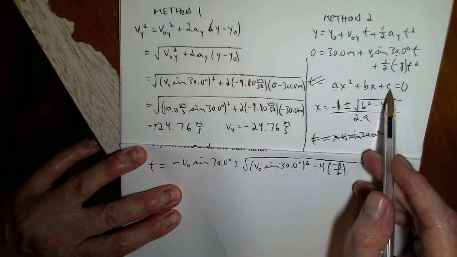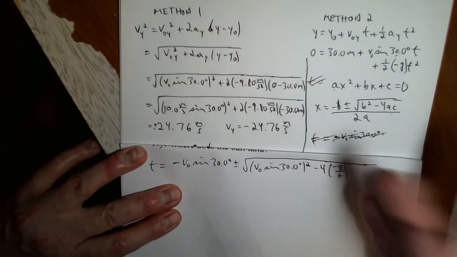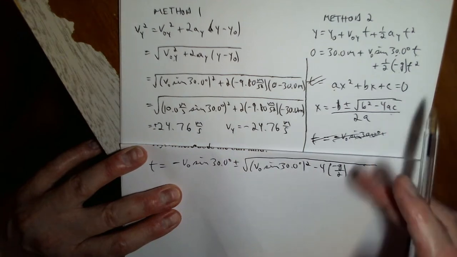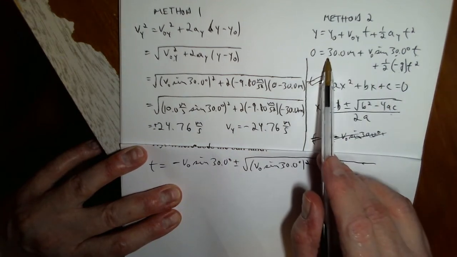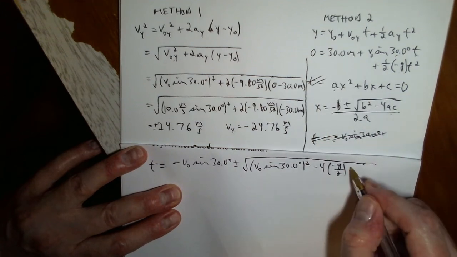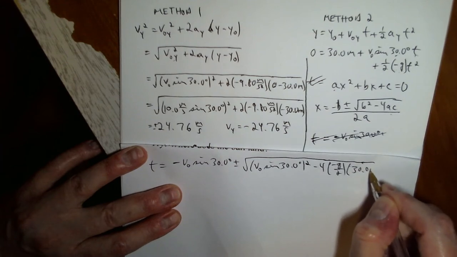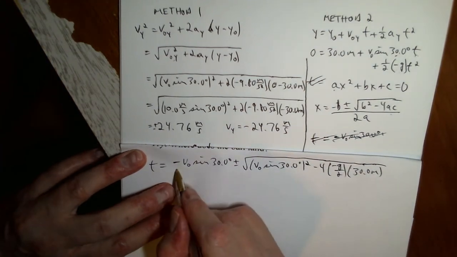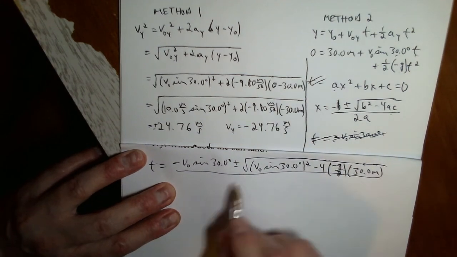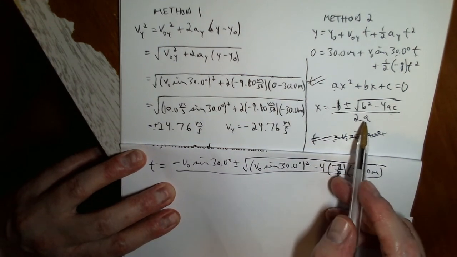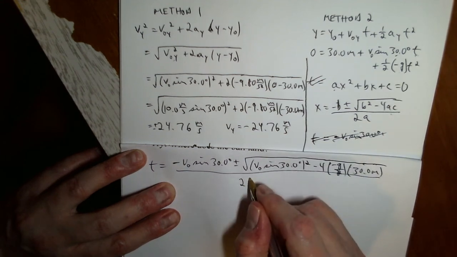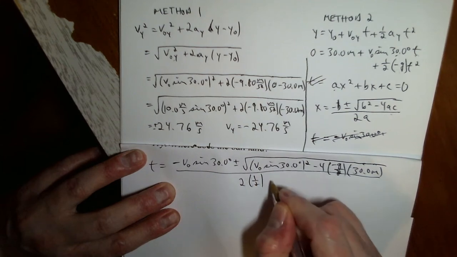It's not multiplying any power of the variable that you can see. T to the 0 is just 1, so it's c times 1. And the thing that's not multiplying any visible power of the variable is the 30 meters. So 30 meters. Okay, and divide by 2a. Again, a is 1/2 times minus g, so 2 times 1/2 times minus g.